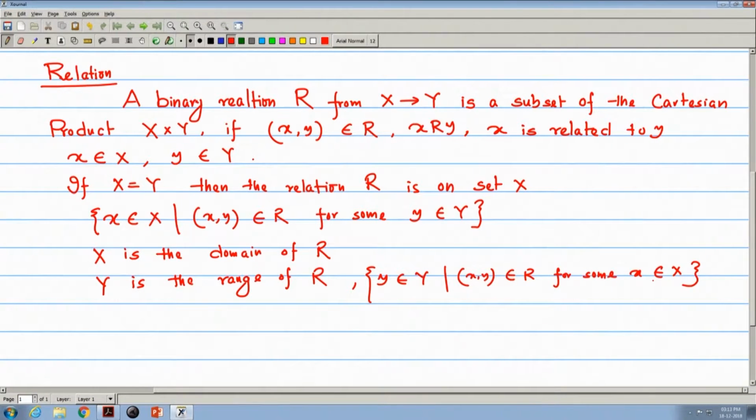Now, the definition is very similar to the definition of a function we have read. Then what is the difference between a relation and a function? First, I make one statement that a function is a special class of a relation. And what is the difference?